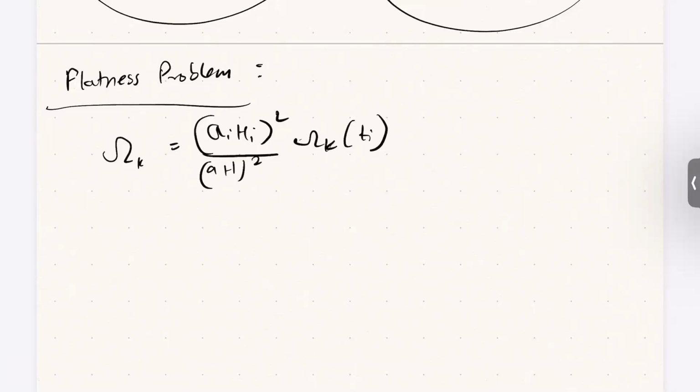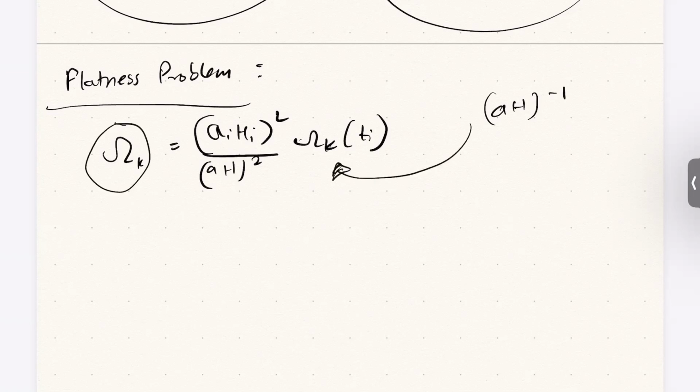So now we will see that if the Hubble radius H inverse decreases, we will see in fact that this will decrease omega k, which is sort of explicit if you look at this particular form, right?